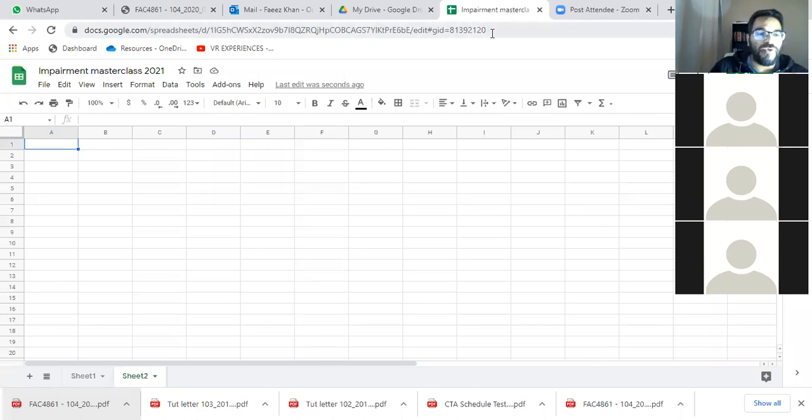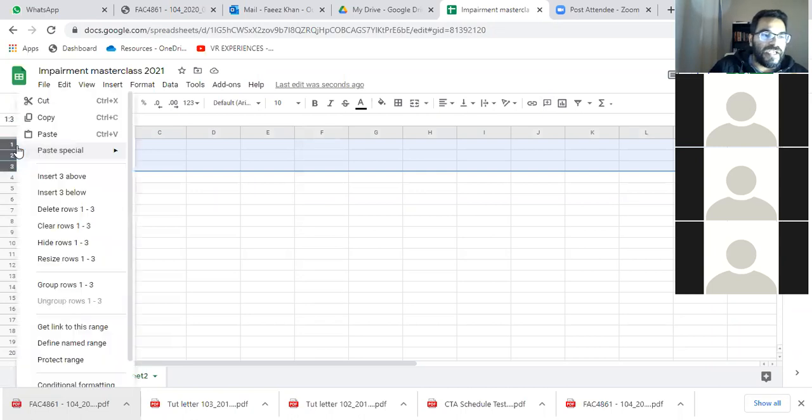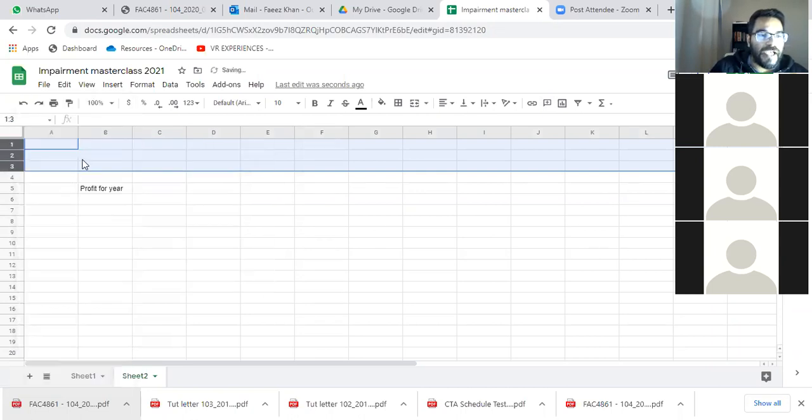The two-statement approach says the following. You start off with profit or loss, or profit for the year, profit after tax, whatever you want to call it. But remember, we need to present. So when you present something, you need the following. You need the company name.